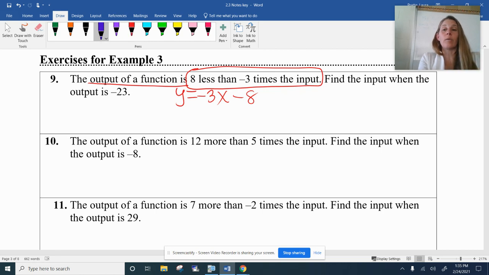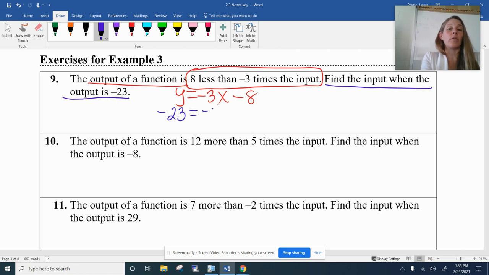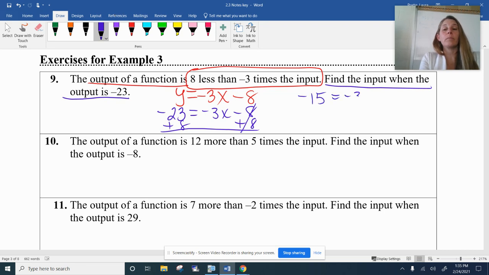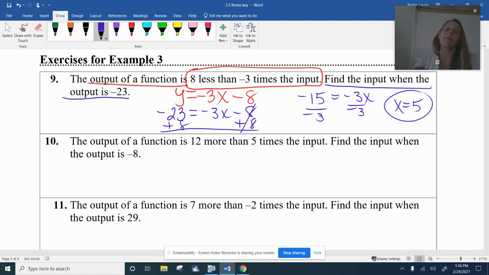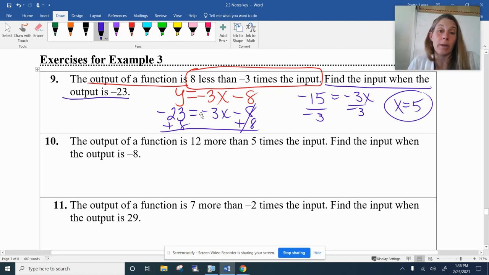Then the second part of the question, find the input when the output is negative 23. So that means we're putting in negative 23 for y, and then we're just going to solve for x. So negative 23 plus 8 is negative 15. And then we're going to divide both sides by negative 3, and we're going to get x equals 5. So my input of 5 would get me that output of negative 23.